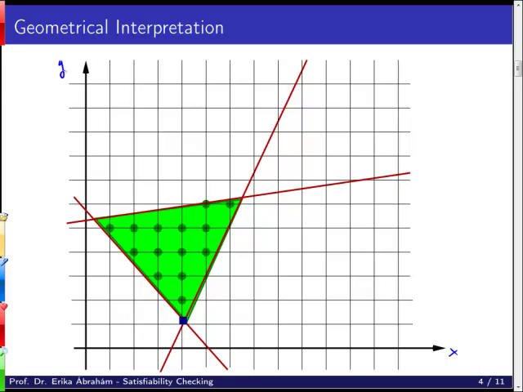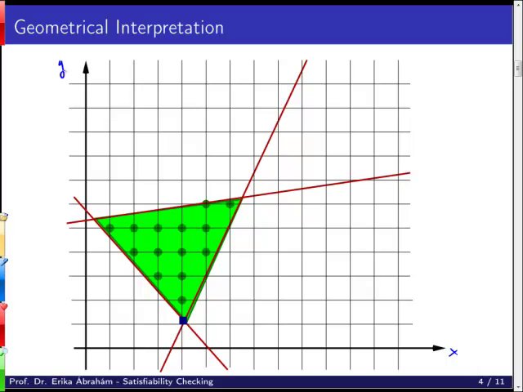Actually, what I would like is to exclude not only this single point. If I excluded this single point, I would get an open set. What would be better is to exclude a subset of this green one without excluding any integer solutions, but to exclude some real valued solutions which are not integer.